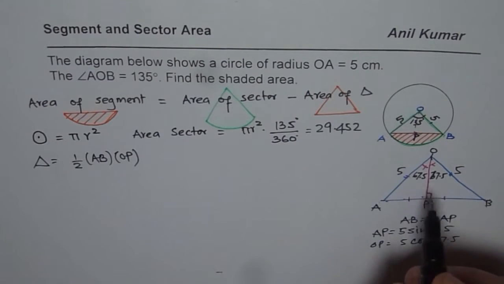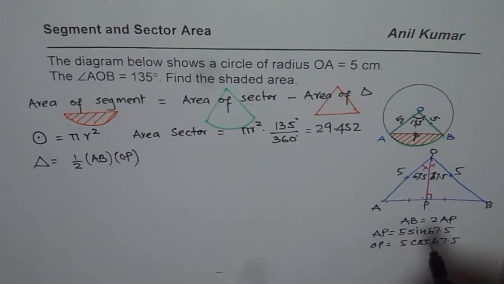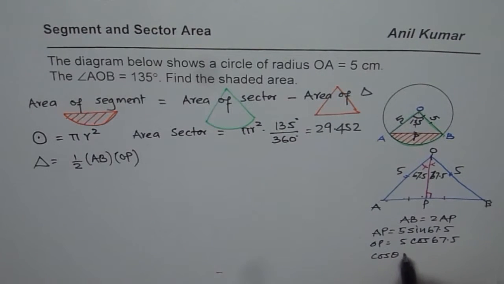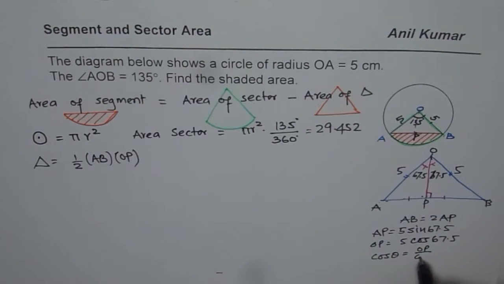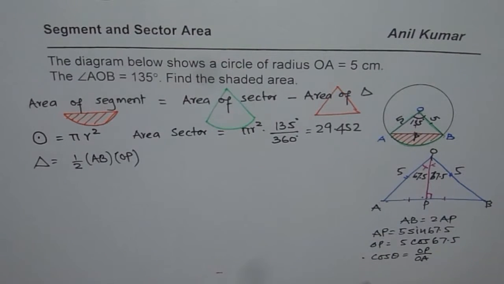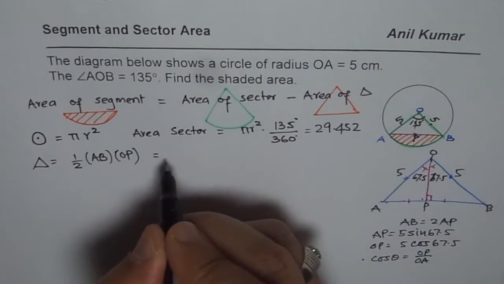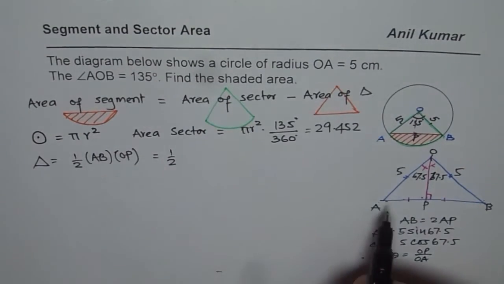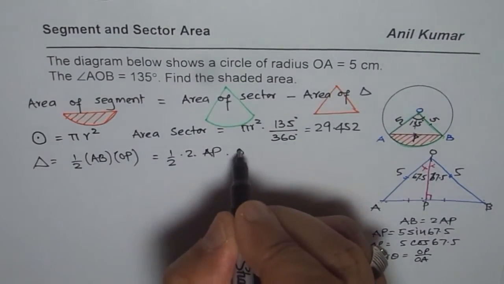I hope you remember, what is cos of this angle? Cos theta, 67.5, is adjacent side OP over OA, right? So when you cross multiply, you get OP. OP is OA times cos theta. Similarly, you can find the other side. So these are my sides for the given triangle. Now, AB is 2 times AP, so I could write half of AB as 2 times AP, times OP, correct?